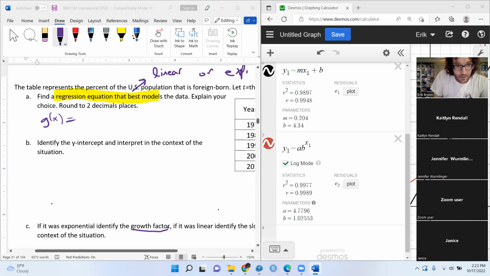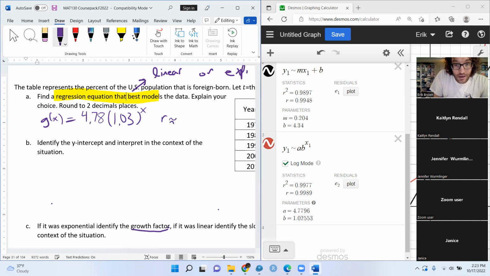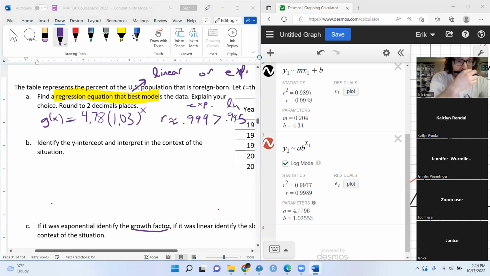So the exponential model, which is 4.78 times 1.03 to the x, has an R value approximately equal to 0.999, which is greater than the R value of 0.995. So this is the exponential, this is the linear. Yep, that's the closer one to 1. Good. So that's the model you should be using.